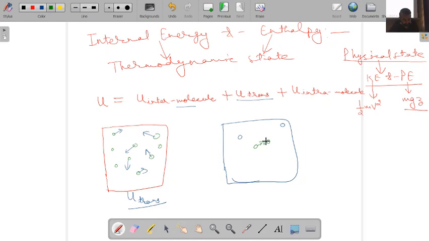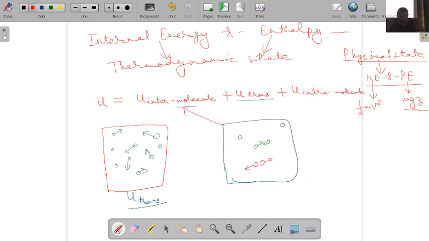This molecule will try to attract that molecule. If you go to a still closer distance, the molecules will be so close to each other that they will try to repel each other. This type of intermolecular force accounts for some portion of the internal energy.